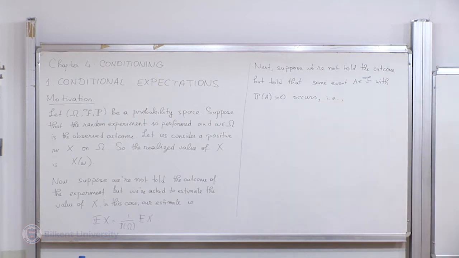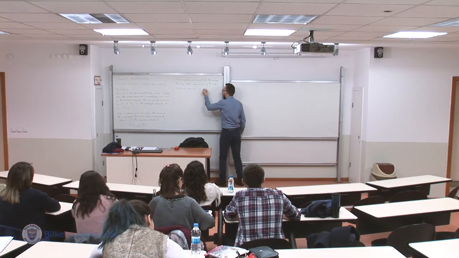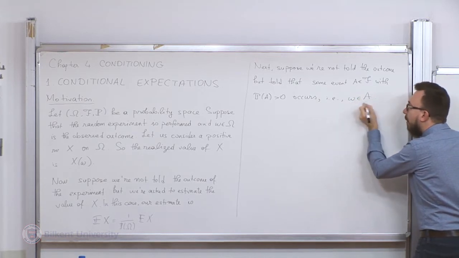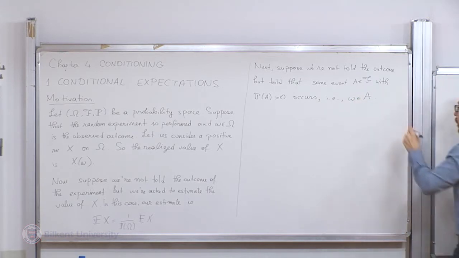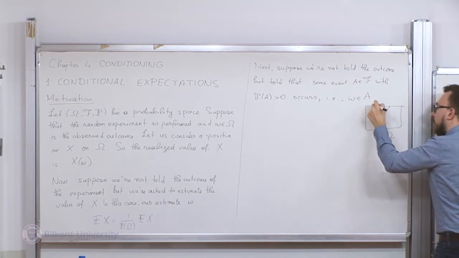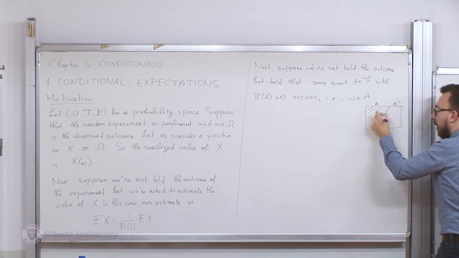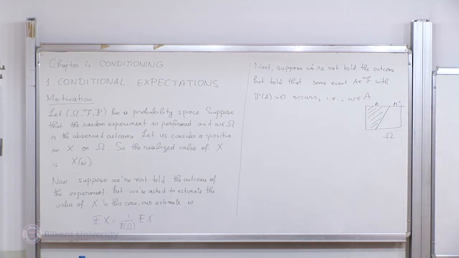What does this tell us about the outcome of the experiment? If we're told that A occurs, what can you say about omega? What is the meaning of A occurs if omega is the outcome of the experiment? Omega is in A, right? So we don't know omega, but we know omega is in A. So now we are in this picture. So this is A, and this is A complement. So we know omega is somewhere here. We don't know where, but somewhere in this set.